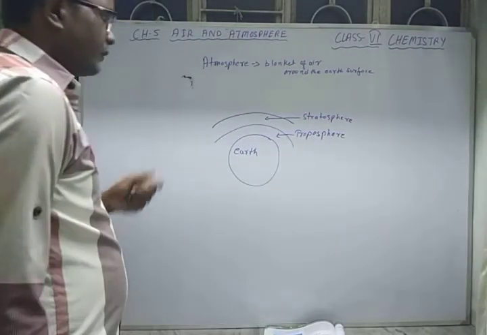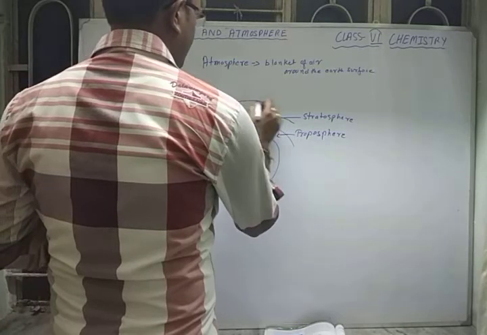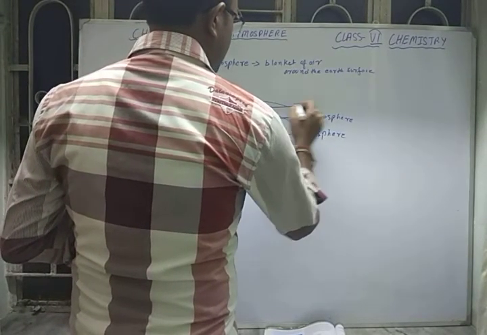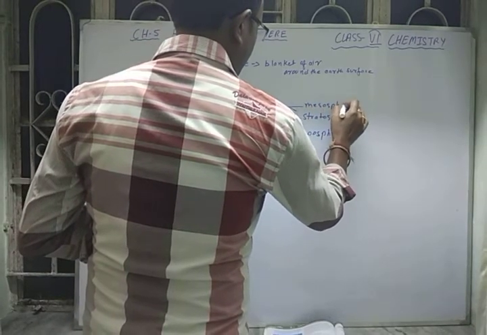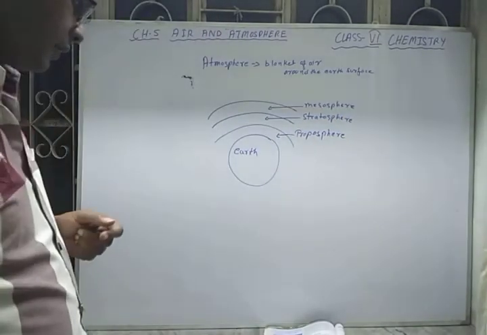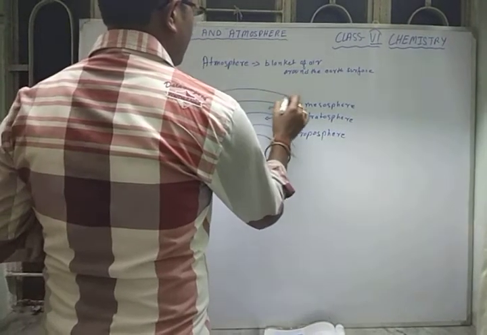Okay. After this stratosphere, the next sphere above the Earth's surface is called the mesosphere. After the mesosphere is the thermosphere.